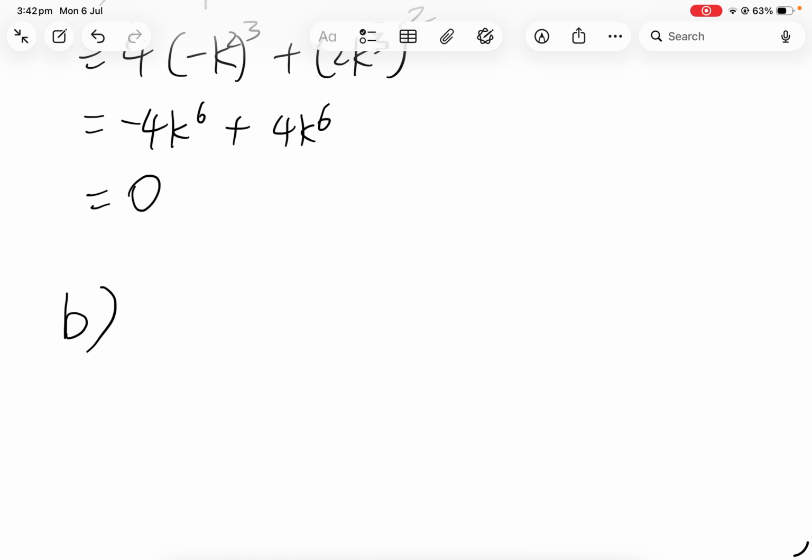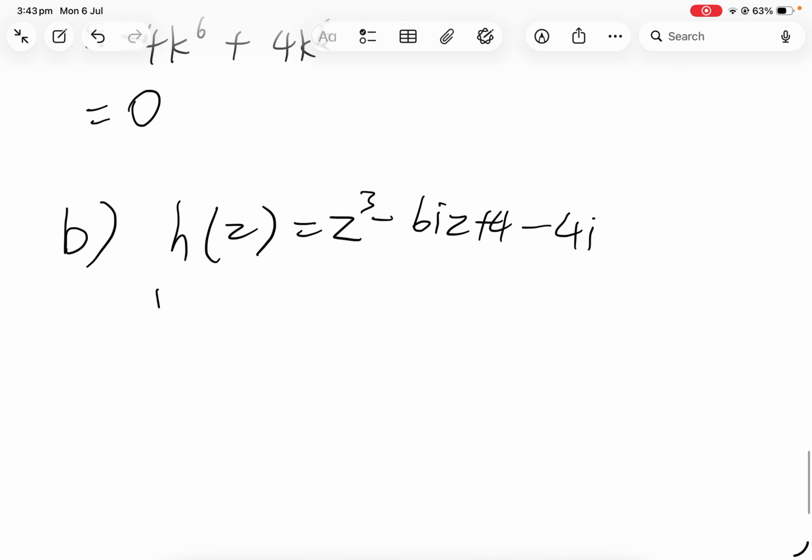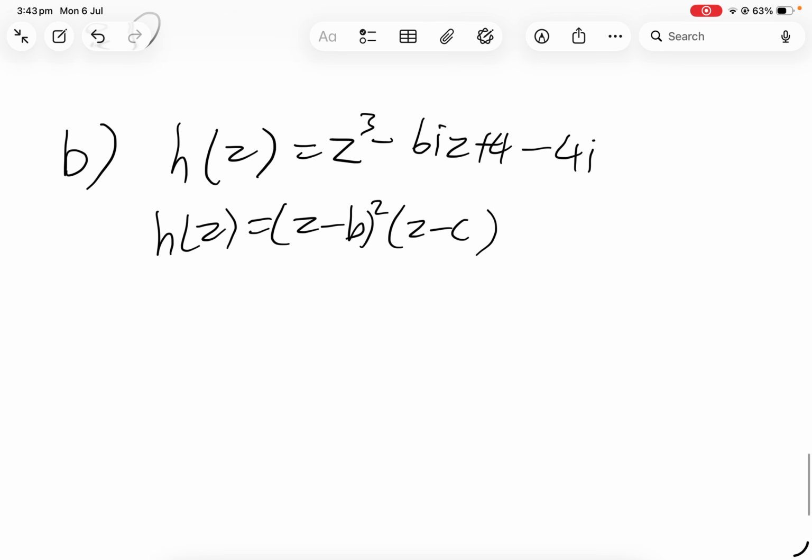Then we have part B of this question, which is basically the same question but harder. So h(z) equals z³ − 6iz + 4 − 4i. It is known that h(z) equals (z − b)²(z − c). Find the values of b and c. Let's expand it first.